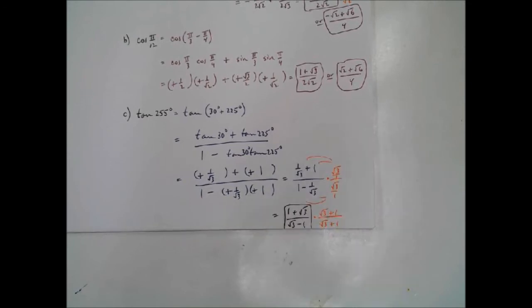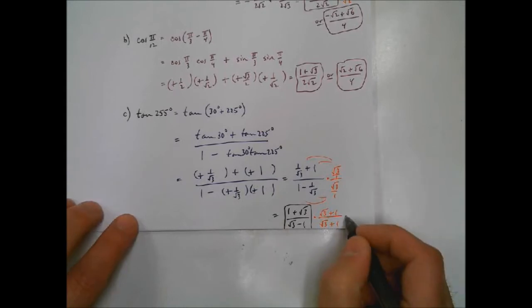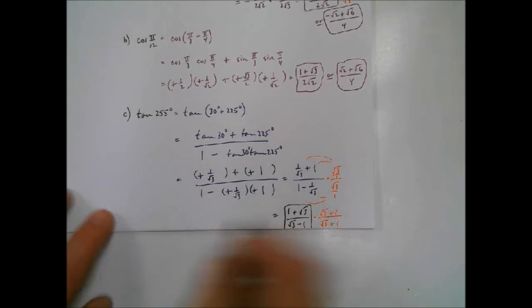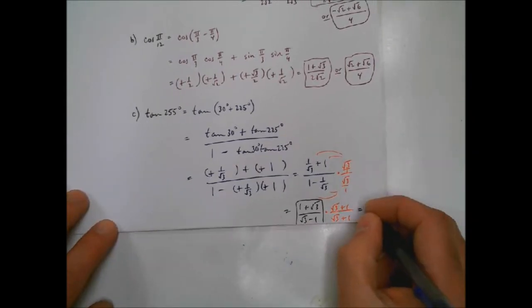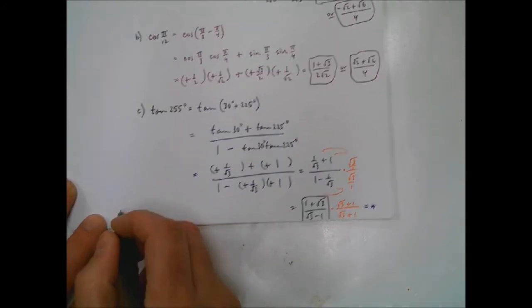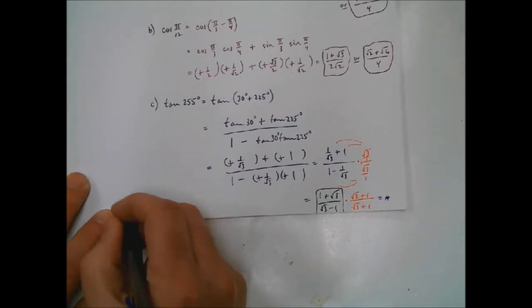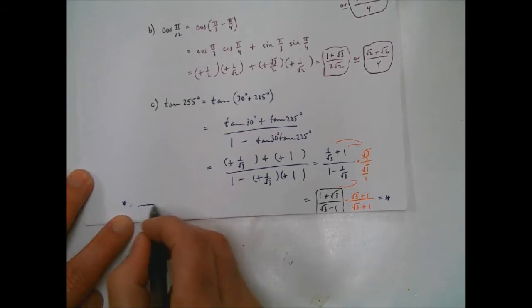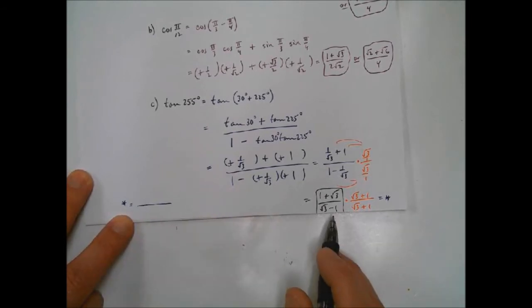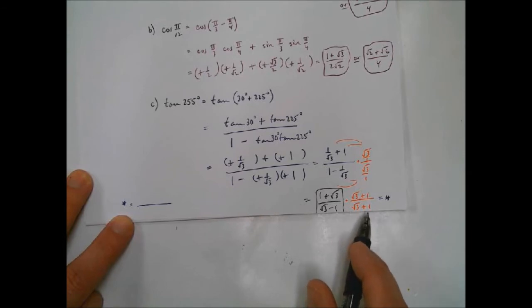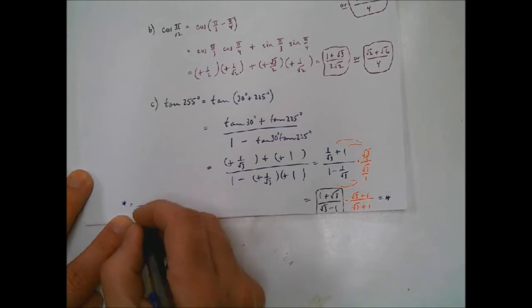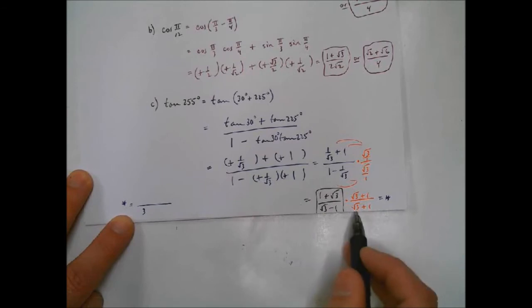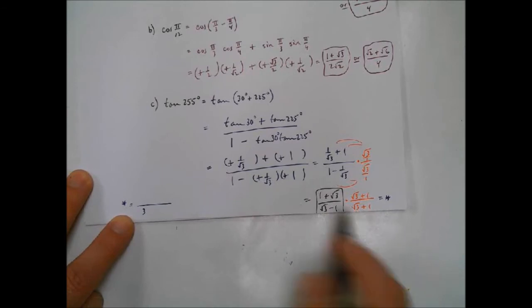Okay, so if we do that, and I'm out of space, so I'm going to write that over here. So we would get, now the conjugate pair, root 3 minus 1 times root 3 plus 1, root 3 times root 3, you get 3. The middle terms eliminate anytime you're multiplying a conjugate pair, and then minus 1.